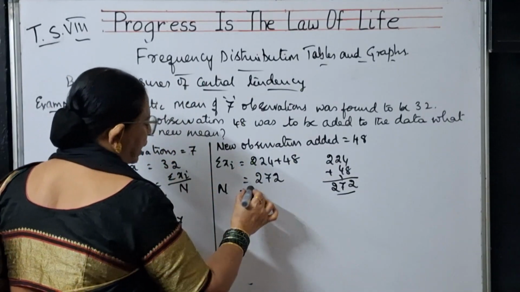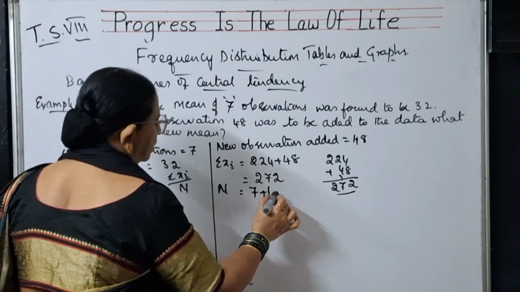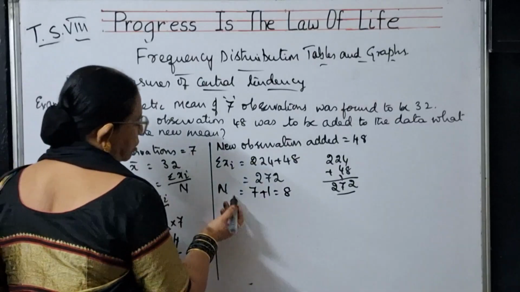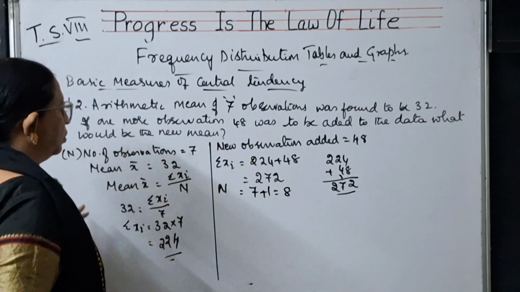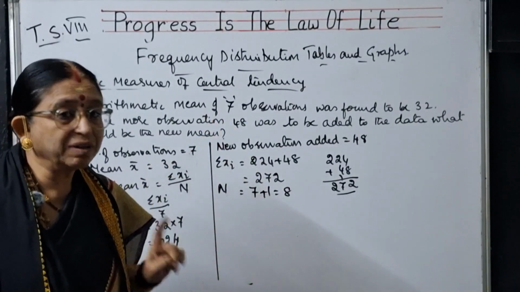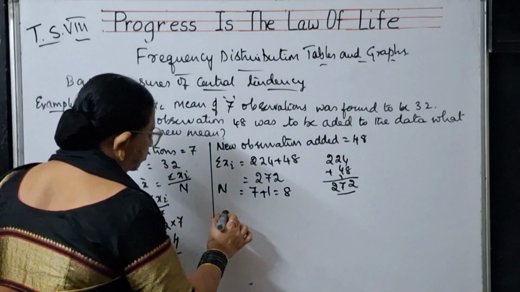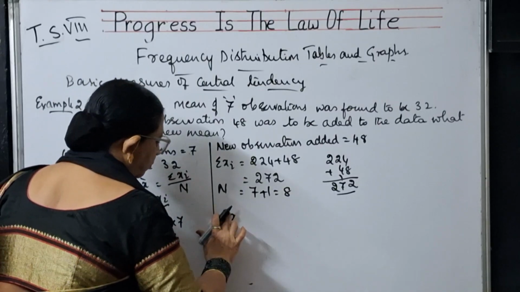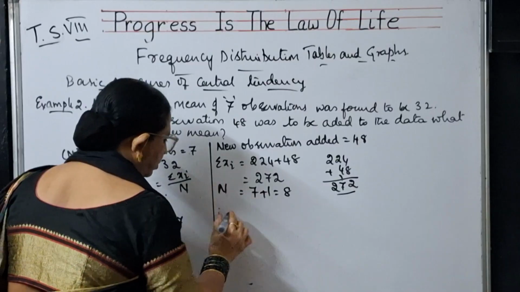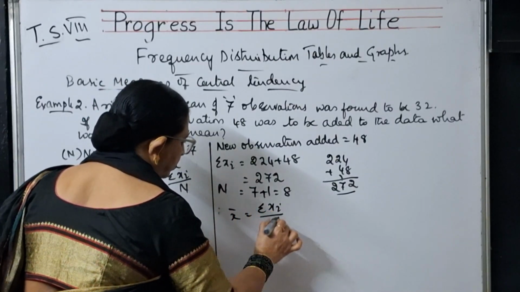Now what is n? Earlier there were 7 observations. Now one more is added, so n becomes 8. I hope I'm clear, children. Earlier there were 7 observations, but one observation is added to it, so 7 plus 1, 8. So what is the mean here? Mean is x bar is equal to sigma xi by n.